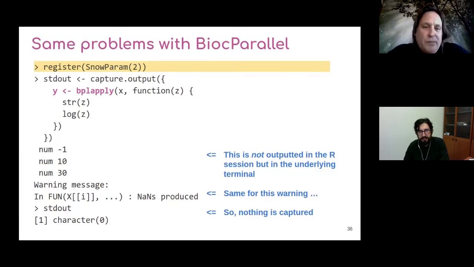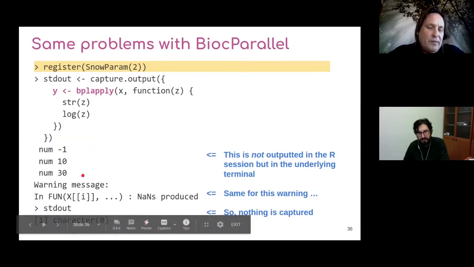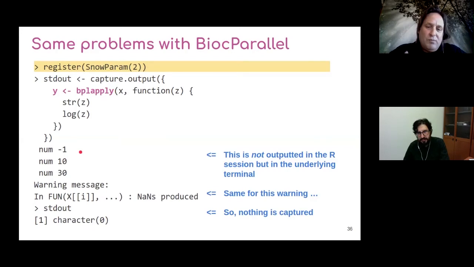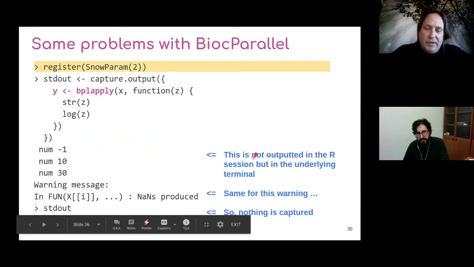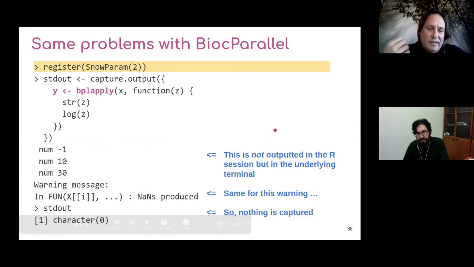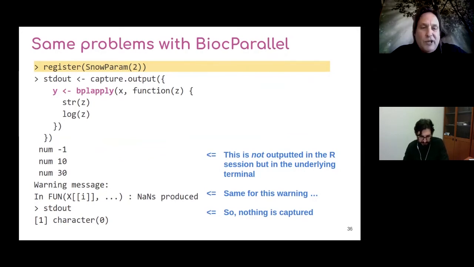So if we use BiocParallel and we use the Snow backend, this example is meant to illustrate that although the output is displayed, in this case in my terminal, it's actually not sent to me in R. It happens to be shown in the underlying terminal, because if I try to capture this output, it turns out it's not captured at all. There is nothing captured, but it's displayed for the fact that the terminal relays this for you. And the same way, the warning is displayed in the terminal, but not in R itself. So that warning can't be captured with tryCatch, for instance, or with calling handlers.